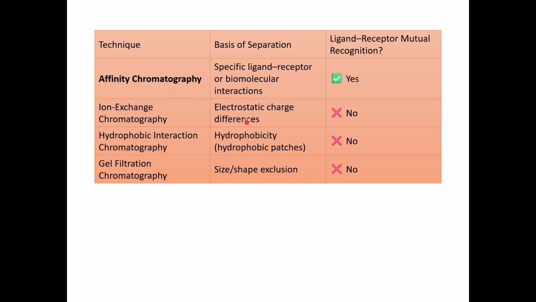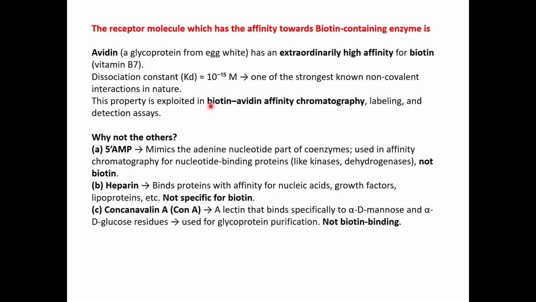And ion exchange, the other option which was given, is basically reliant on the electrostatic charge difference, and hydrophobic interaction chromatography, that is your HIC, is based on the hydrophobic patches or hydrophobic nature of your sample. And the gel filtration chromatography is basically your exclusion chromatography on the basis of size and shape. So the one which has mutual recognition ligand receptor interaction is your affinity chromatography.